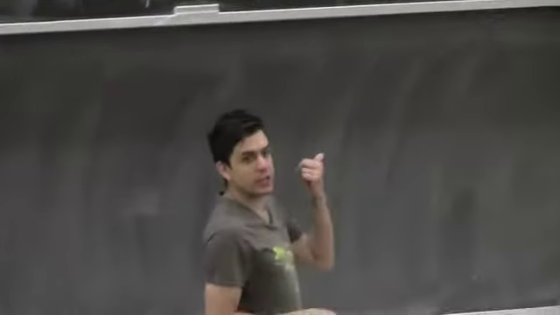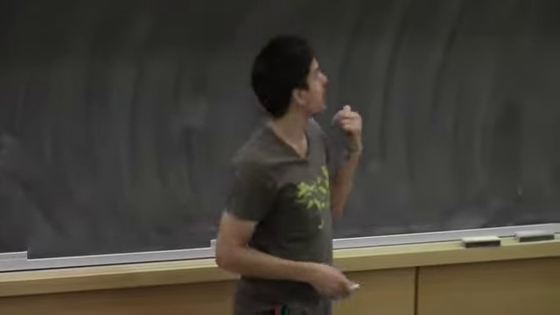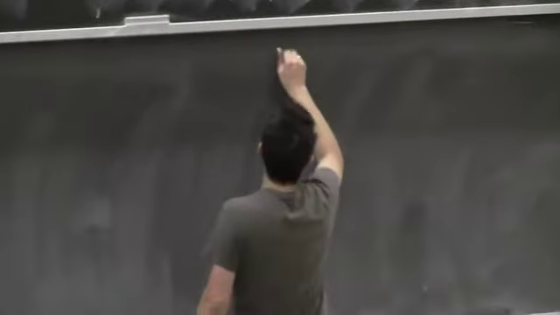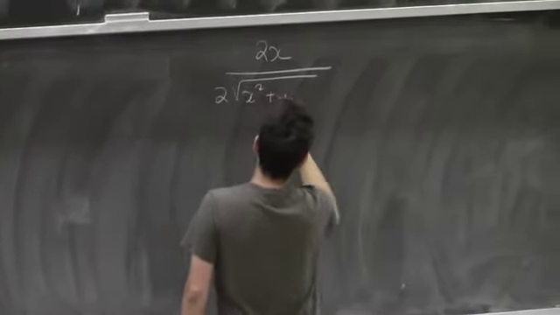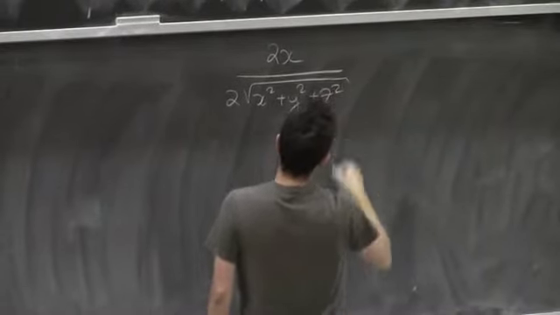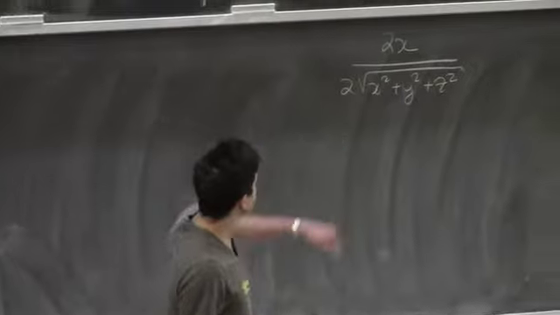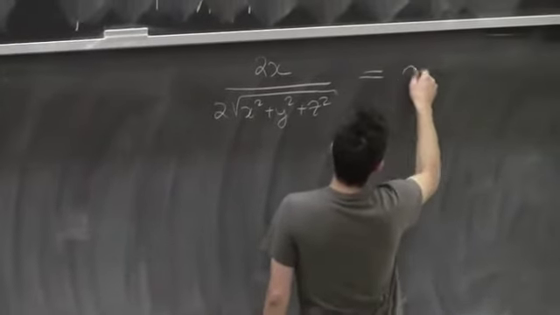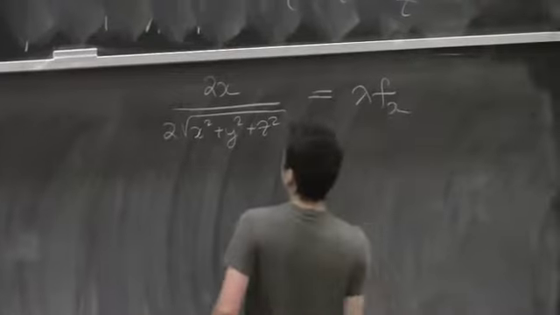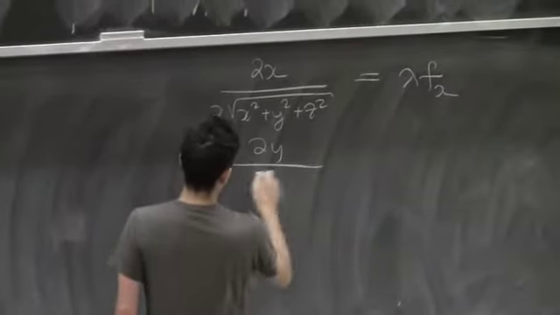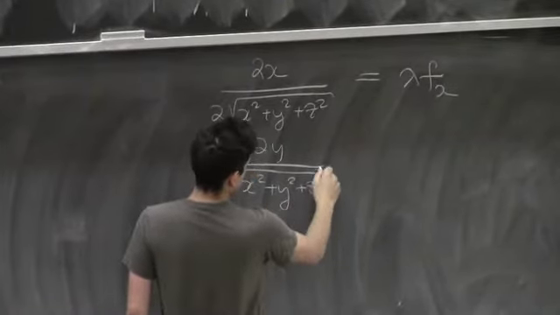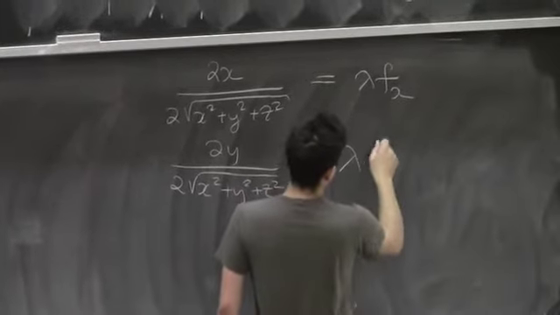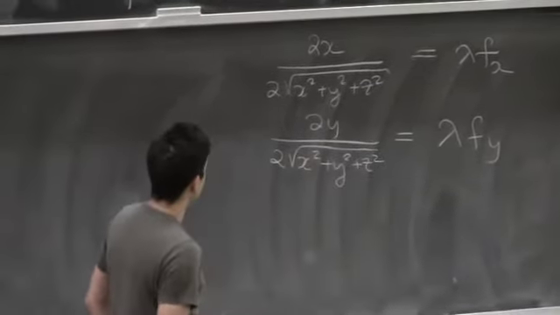Okay, so thinking in terms of coordinates, we can just calculate the derivative, d sub x, right? We take the derivative of distance and we get this. And we're saying that's lambda f_x. Lambda f_y.